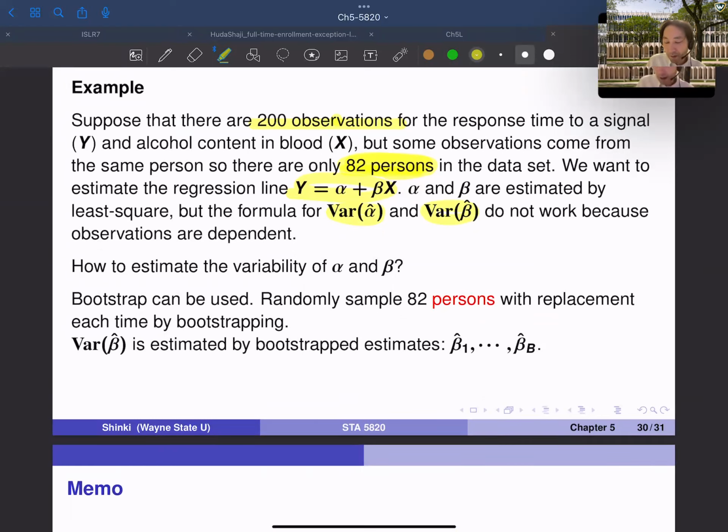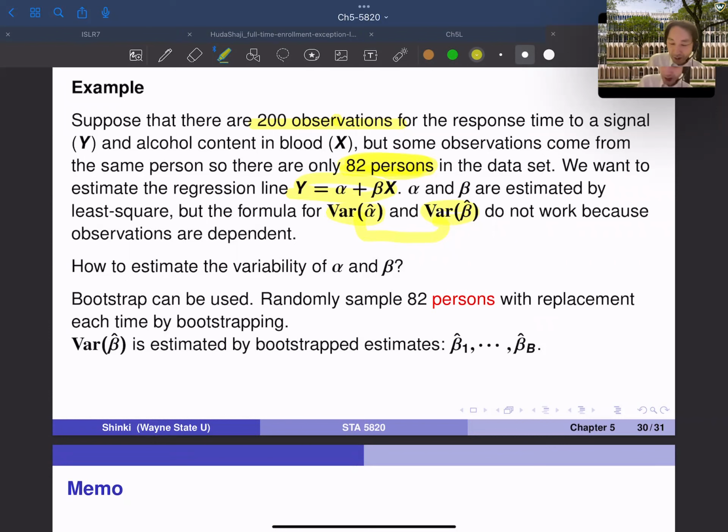This can be very complicated if you derive it mathematically from the assumptions of the model. So in this case, we usually use bootstrap to estimate. This is a very typical example in medical data, where we have 200 patients' data, but some patients visited the office multiple times.